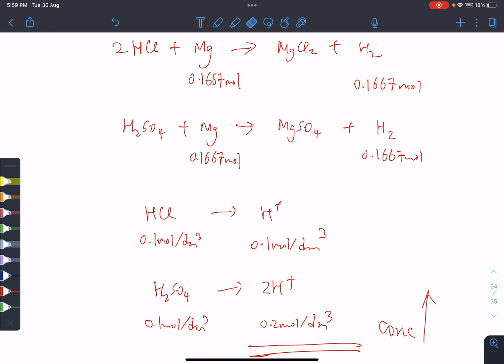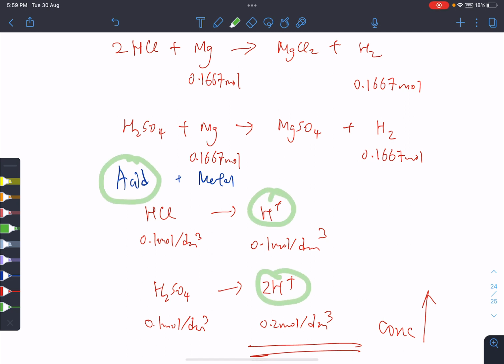Then why does it matter? Because essentially, isn't this an acid metal reaction? And do you remember the definition? Isn't acid represented by H plus? If the very thing that represents acid doubles, wouldn't it be faster then?